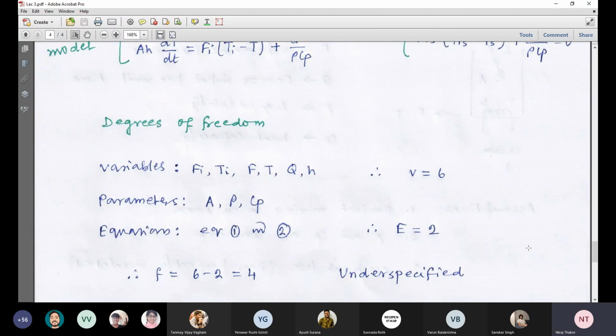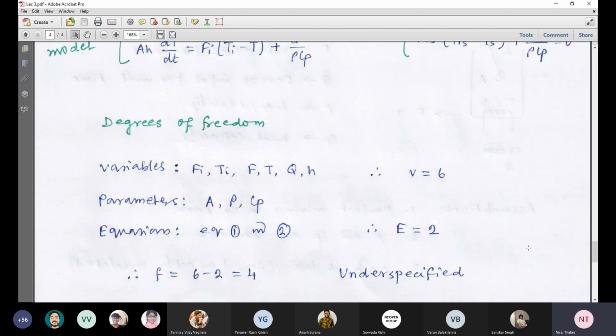There are 2 model equations, 1 and 2. So accordingly, capital E equal to 2. Based on this, we have degrees of freedom F equal to 6 minus 2 equal to 4. That means our number of unknown variables is greater than the number of available equations.